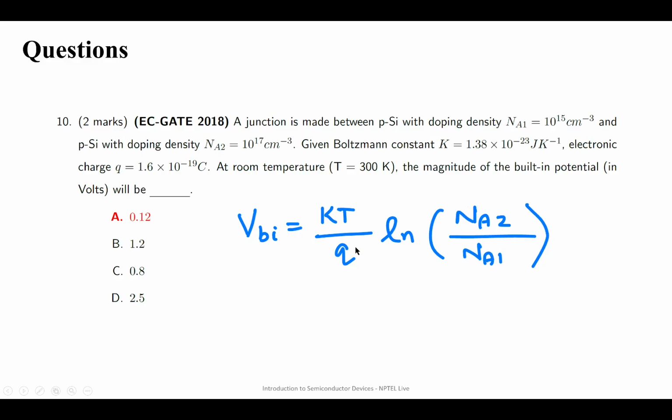So it will become kT by q ln Na2 by Na1, which is 10^17 by 10^15. To solve this, you will get 0.12 volts. So since this is a PP junction, the built-in potential won't be very high. It will be very small.